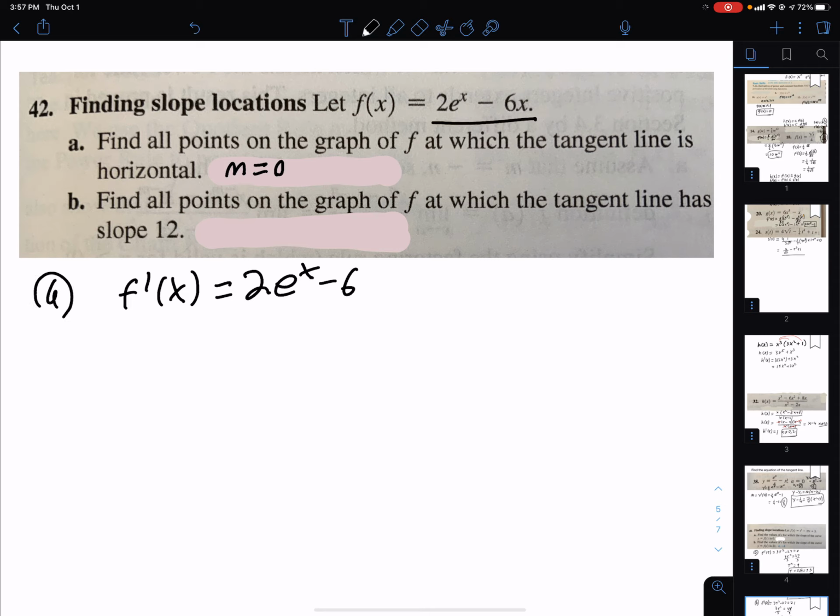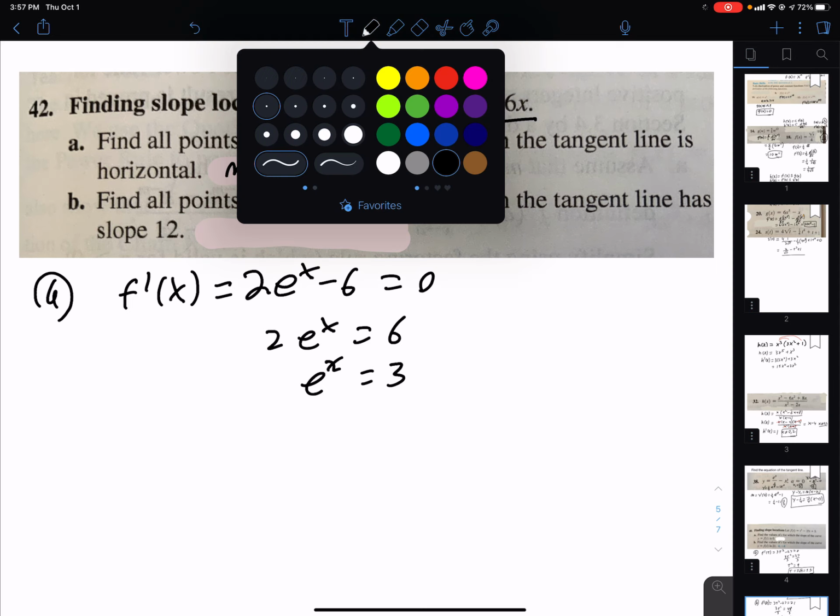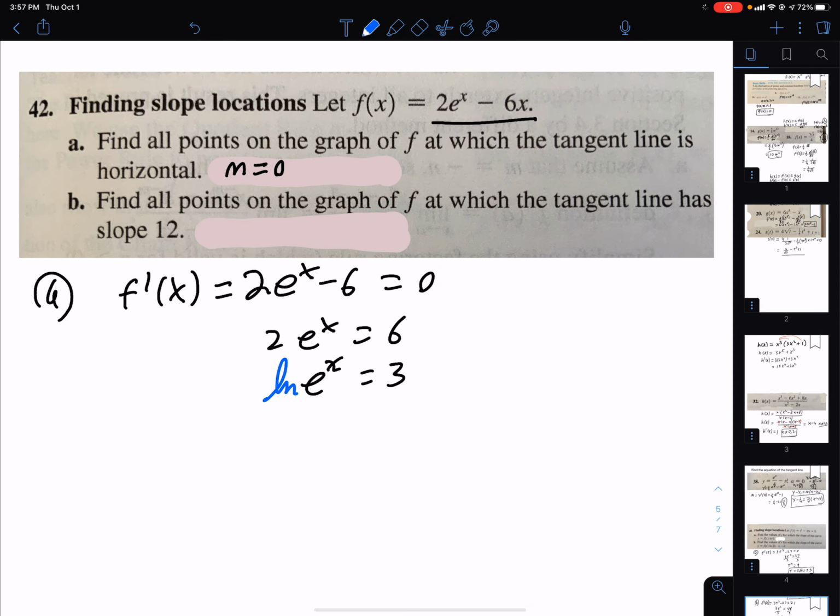So part A, when does that equal 0? I add 6 to both sides. Divide both sides by 2. How do I get rid of e? You should know ln is the inverse function of e. So I ln both sides. Those cancel. And I end up with x equals ln of 3.